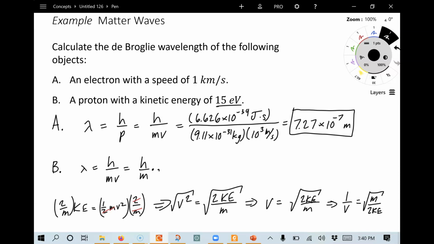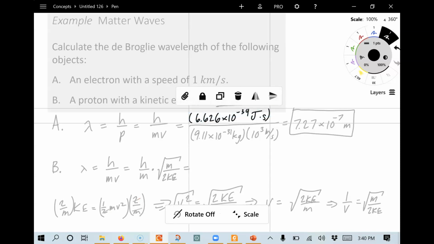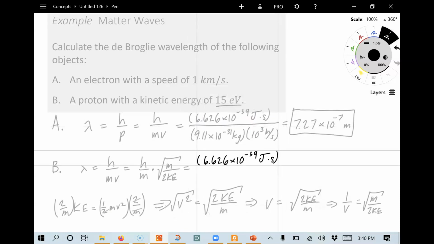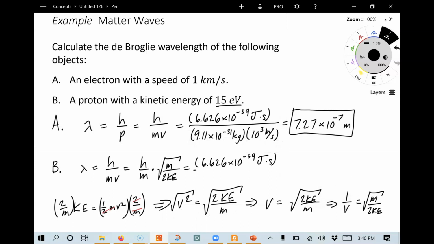And we can go ahead and multiply that over here. Now we can put our numbers in. So again, we've got Planck's constant divided by the mass of a proton, 1.67 times 10 to the minus 27, multiplied by this square root.